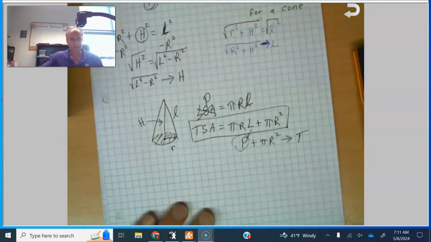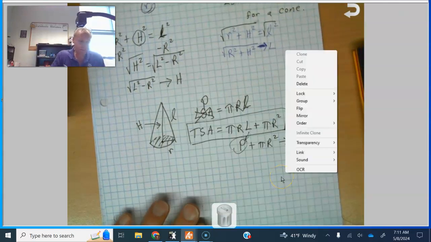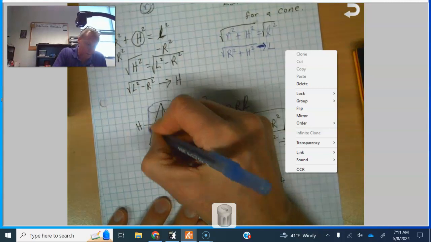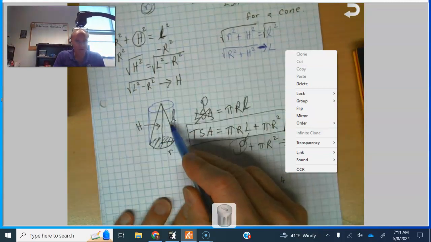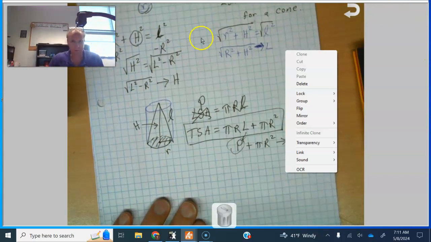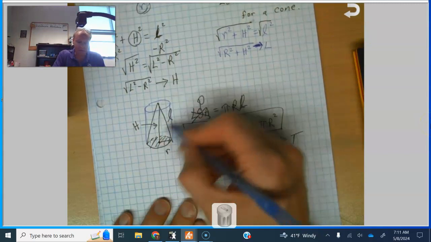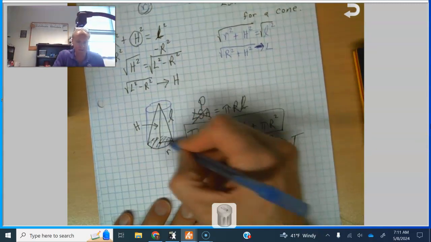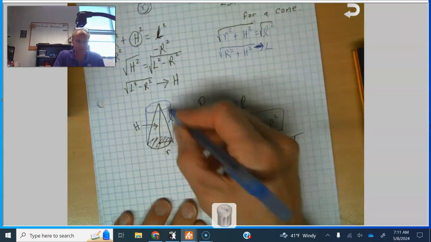Now, to find the volume of a cone, remember, the volume of a cone is 1/3. If you visualize this cylinder right here, this cone inside of there that has the same height, the same radius, is 1/3 the volume of the cylinder.